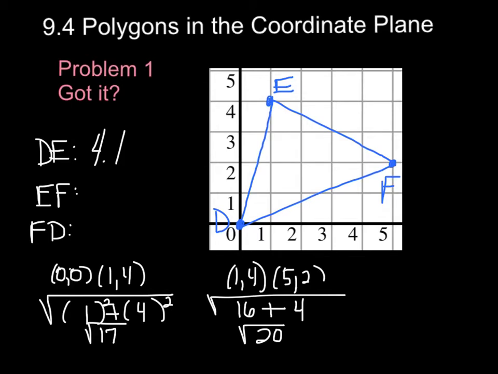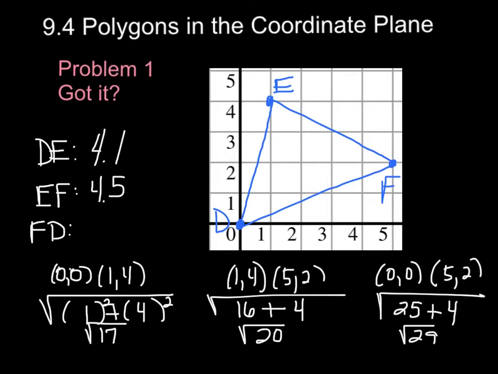And the square root of 20 is approximately 4.5. FD, we follow the same steps. You get the square root of 29, which is approximately 5.4. And therefore, we just proved that this triangle is scalene by showing that this, in this case, has 3 different lengths of measurements.